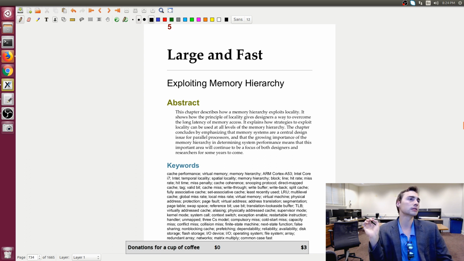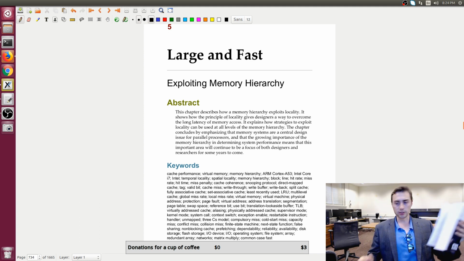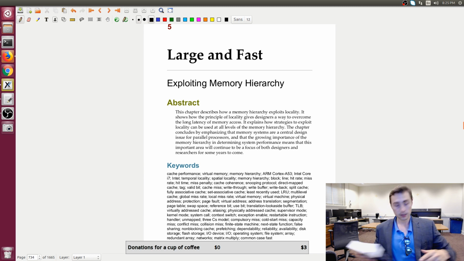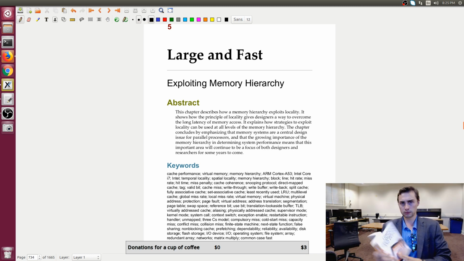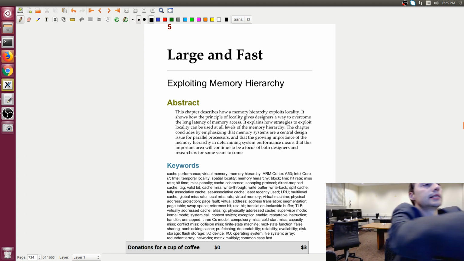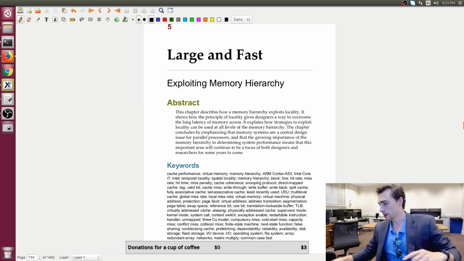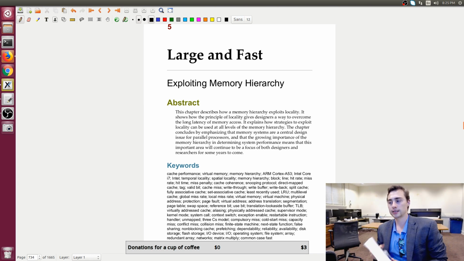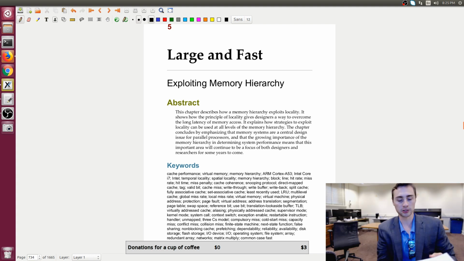Where's the book? Ah, here it is. So I actually have two of these books. Here's the book we're going through now. I have the MIPS version, Computer Organization and Design. This is the MIPS one. We're going through the RISC one, but the books are essentially the same. This is the heavy hitter book right here: Computer Architecture, a Quantitative Approach.